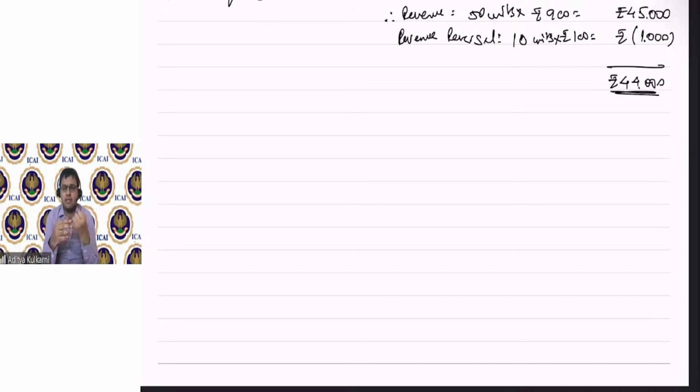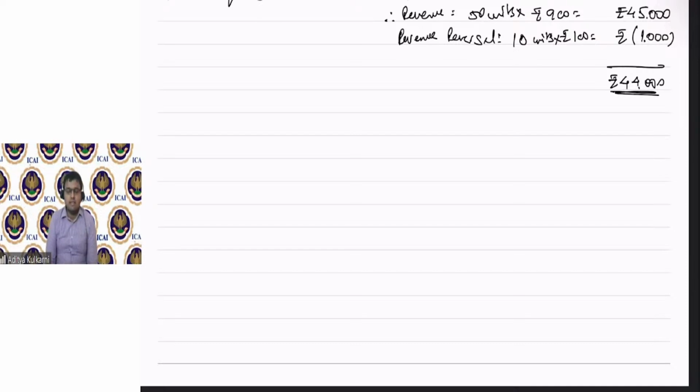Having no experience, absence of resources, absence of prior experience to carry out the transactions. If these 3 to 4 conditions are mentioned, then your variable consideration is subjected to constraints, and therefore you will not include it in your transaction price.